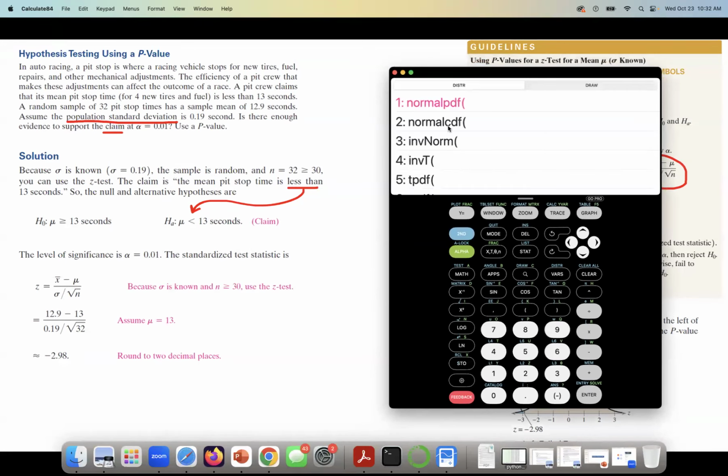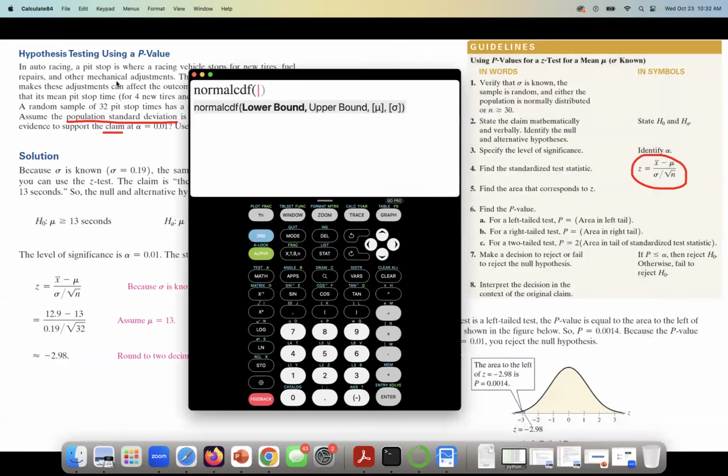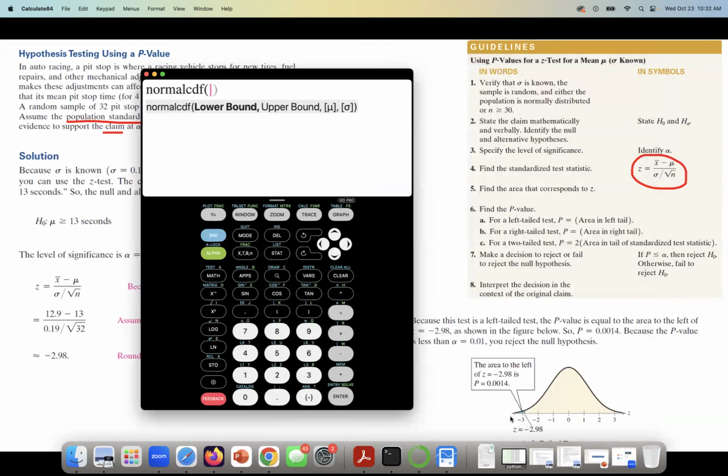And here, you can click on normal CDF. The lower bound, remember that this is the area to the left side of negative 2.98, so your lower bound is a negative number, like negative 10. Put a comma, and the upper bound is negative 2.98.